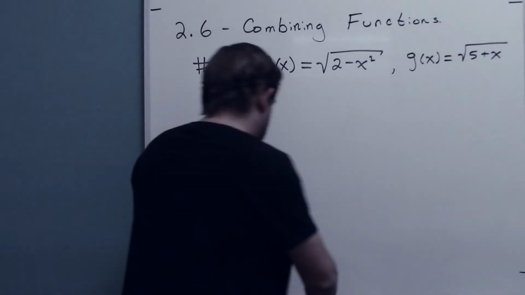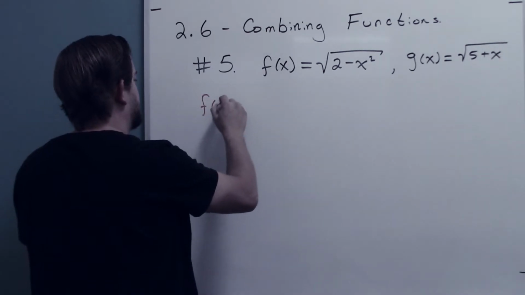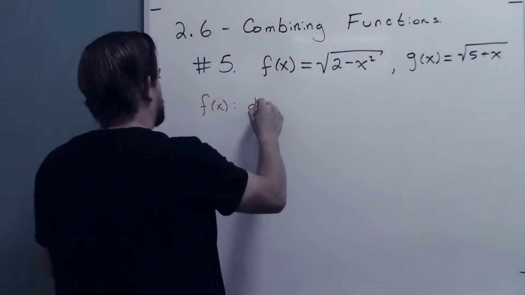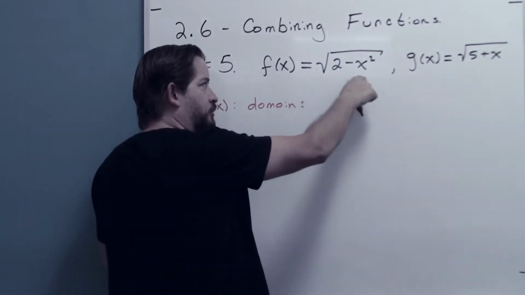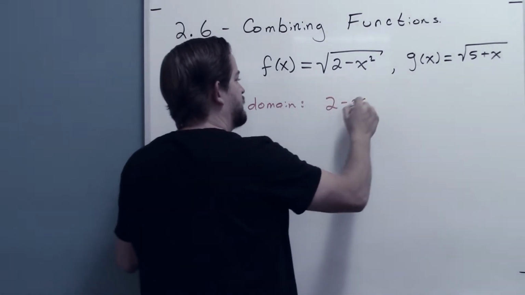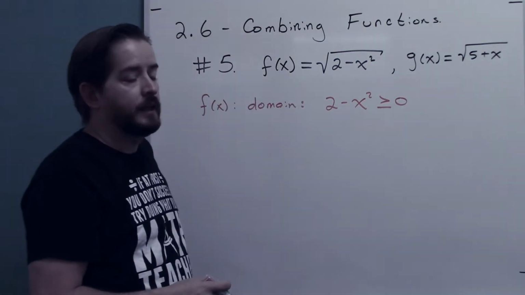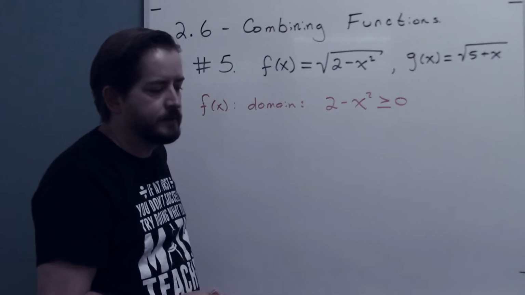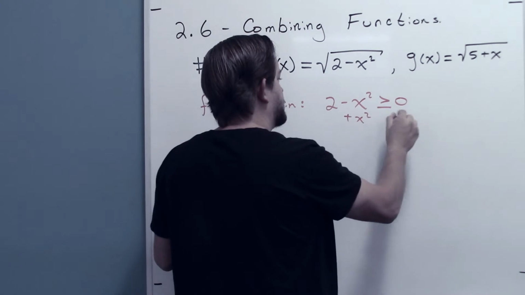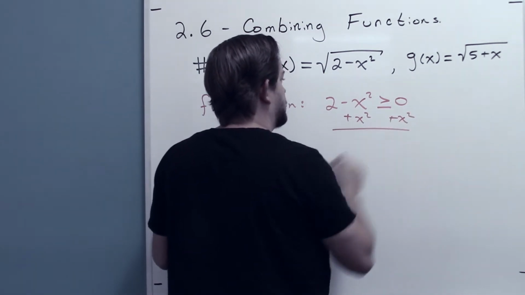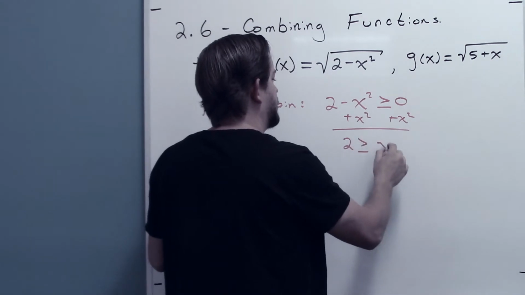right? There is a domain issue with f of x. This 2 minus x squared has to be greater than or equal to 0 because it's under a square root. And that's what gives us our domain here, right? Which is to say if I add x squared to both sides here, then I've got 2 is greater than or equal to x squared.